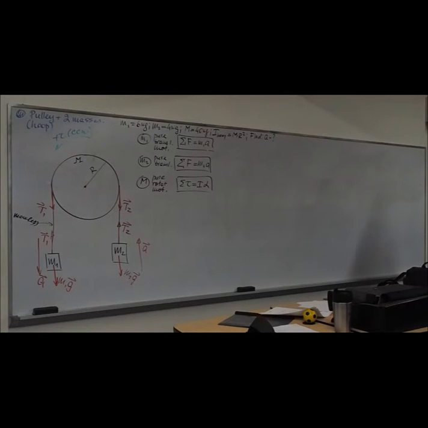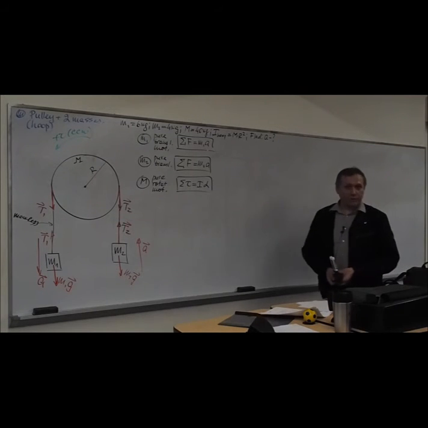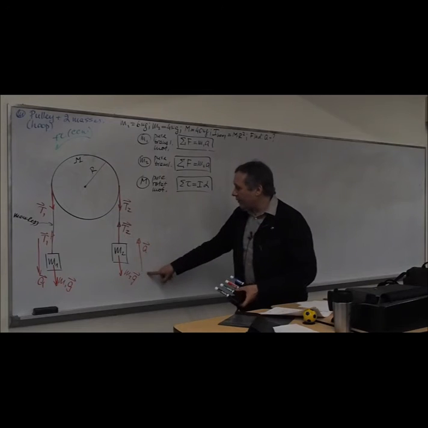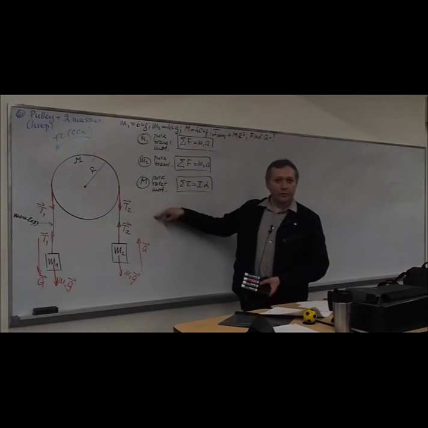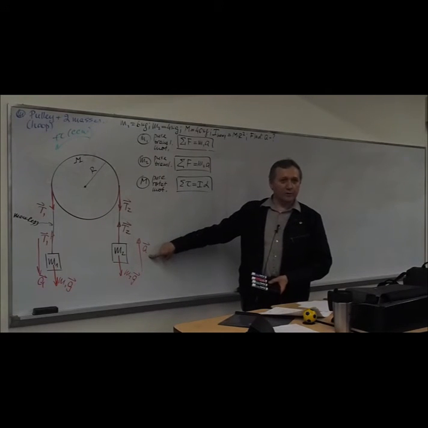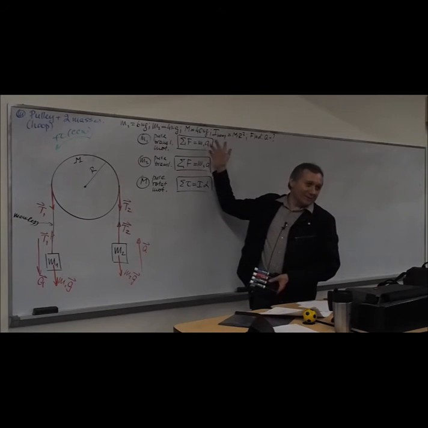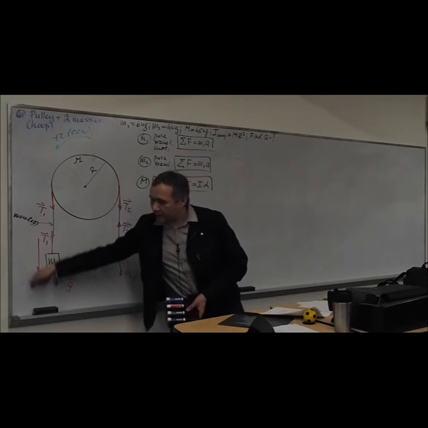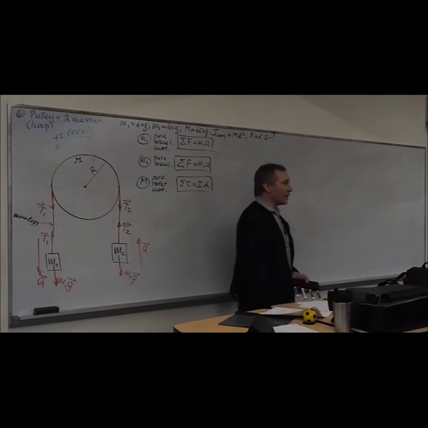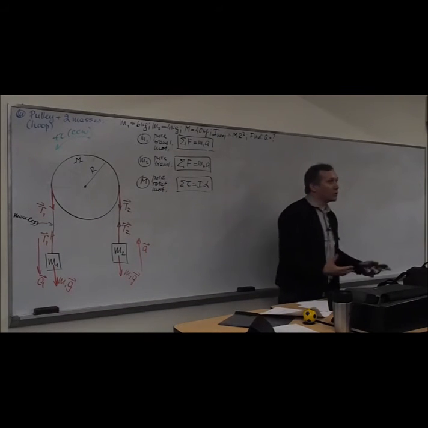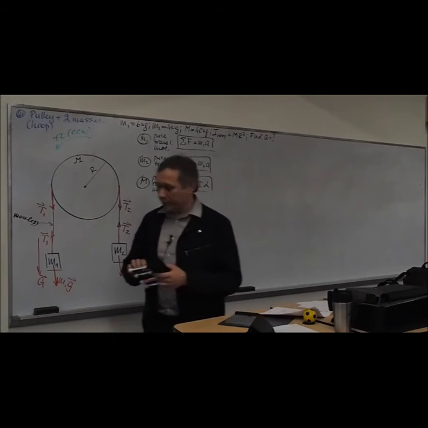I just want to have my accelerations to be positive. So I will pick my y-axis for this mass upward, then acceleration will be positive. And chances that I'm going to forget about the minus are zero. And for this mass, I will take the y-axis downward, again just to reduce chances of making a mistake.